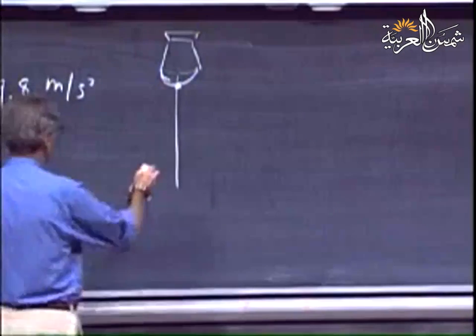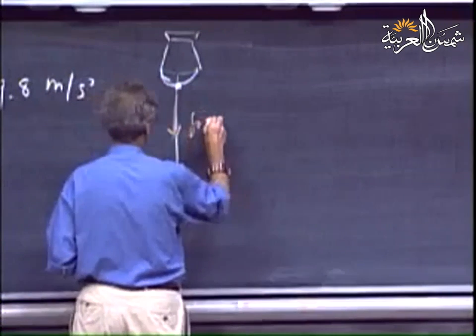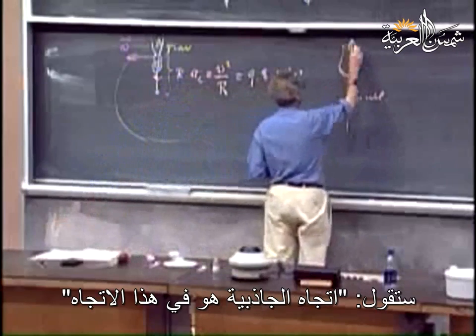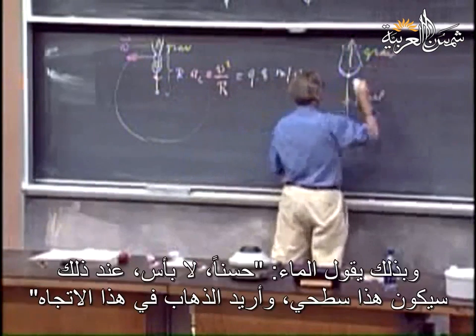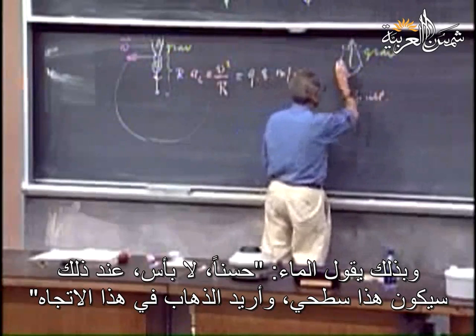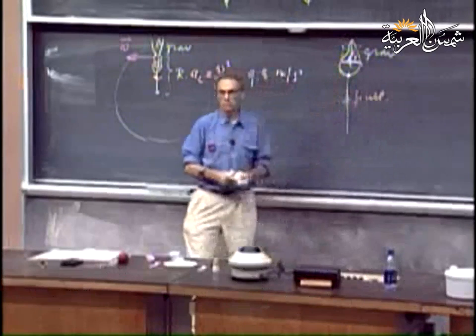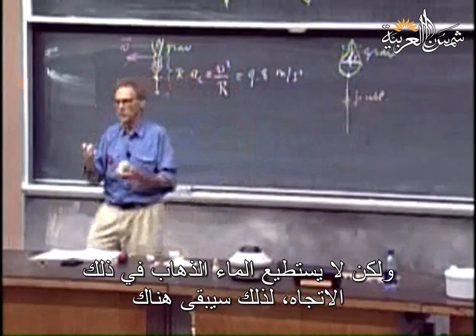So the string is definitely going to pull. If you were the water, and I asked you where is gravity, you would say the gravitational direction is in this direction. And so the water will say, okay, fine, then this will be my surface, and I want to go in this direction. But the water can't go in that direction, so it will just stay there.